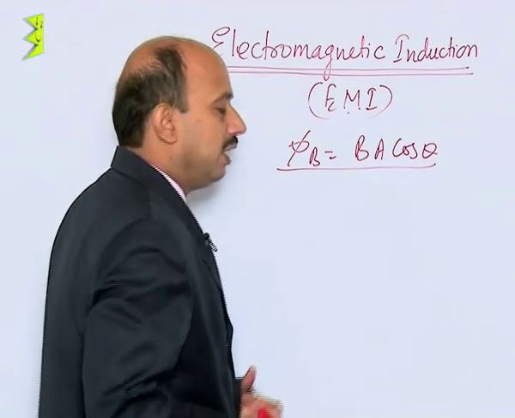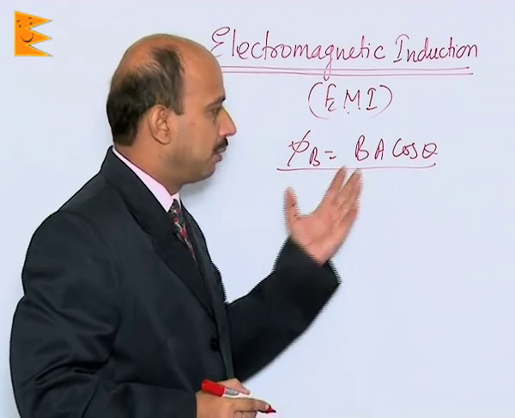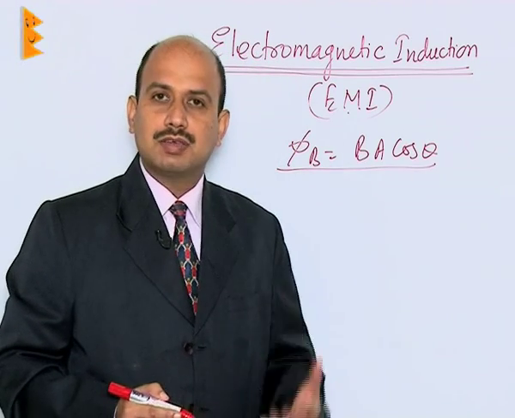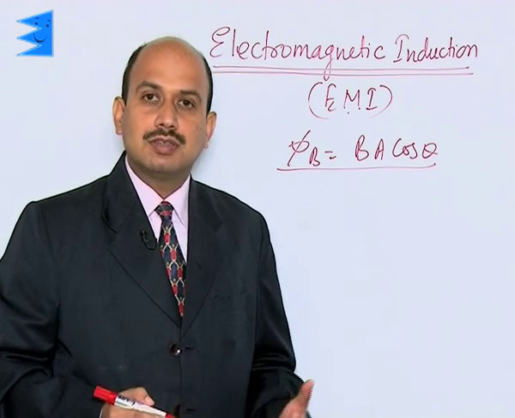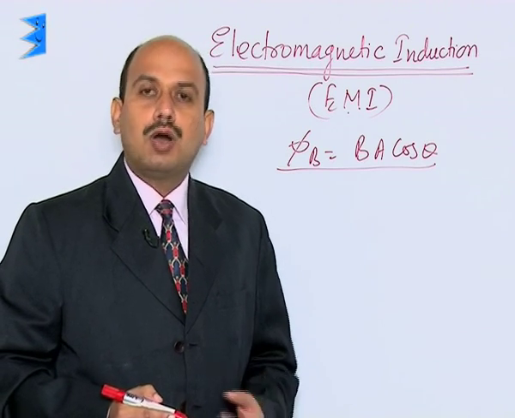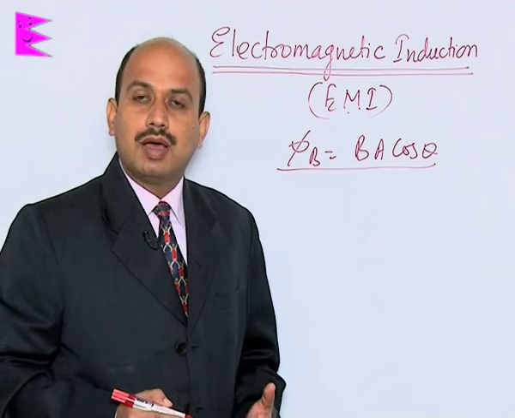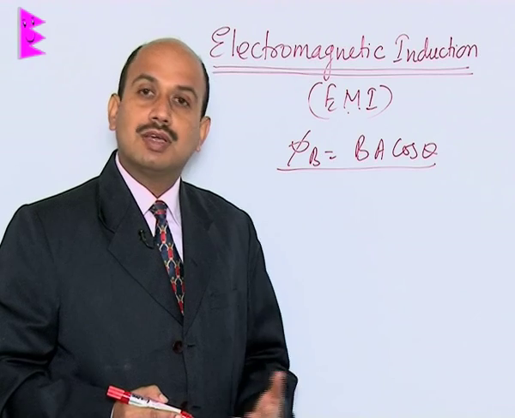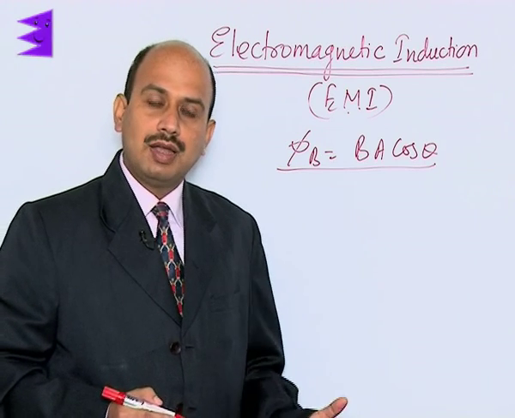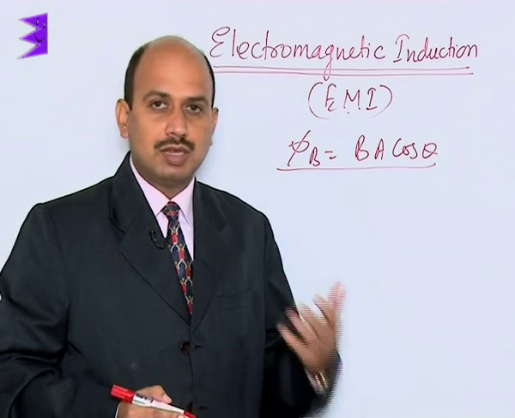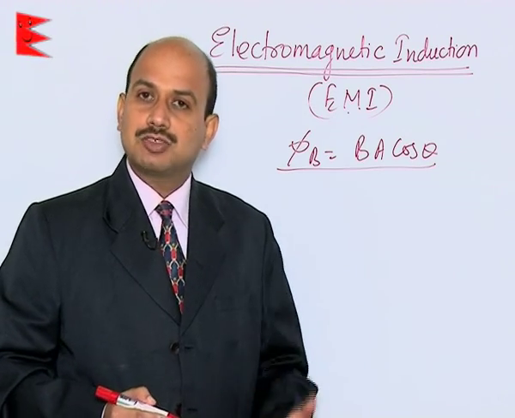Now, if you change any one of the factors affecting magnetic flux, like B, A and theta, the magnetic flux will change. Whenever the magnetic flux linked with the coil or through any area changes, EMF is induced in the coil. If the circuit is closed, we can say the current is also induced. This current is known as induced current, and the EMF is known as induced EMF, and this phenomenon is known as electromagnetic induction.